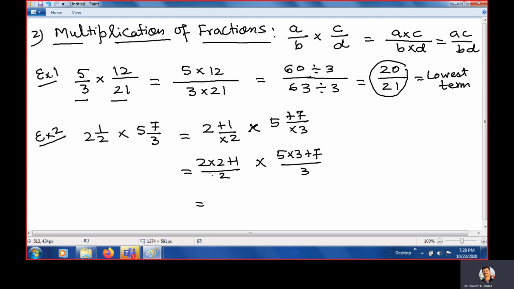So 2 times 2 is 4 plus 1, 5 by 2. Multiply 5 times 3, 15 plus 7, 22 by 3.